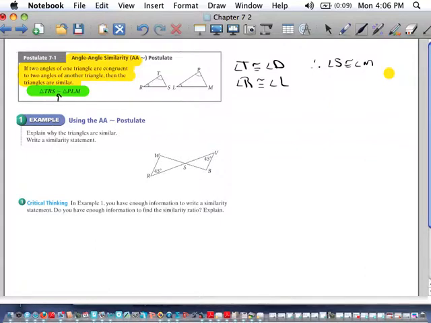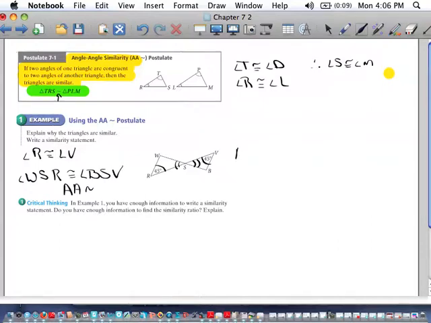Well, by angle-angle, I know I have angle R and angle V congruent. And then I have vertical angles in the center, so therefore I have angle WSR congruent to angle BSV. So therefore, by angle-angle similarity postulate, I have 2 similar triangles.